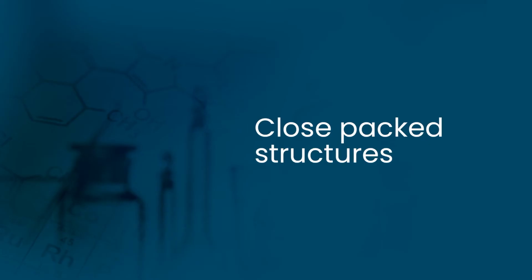Now, let us move to close packed structures. In solids, the constituent particles are close packed, leaving the minimum vacant space. Let us consider the constituent particles as identical hard spheres and build up the three-dimensional structure in three steps. First, close packing in one dimension.